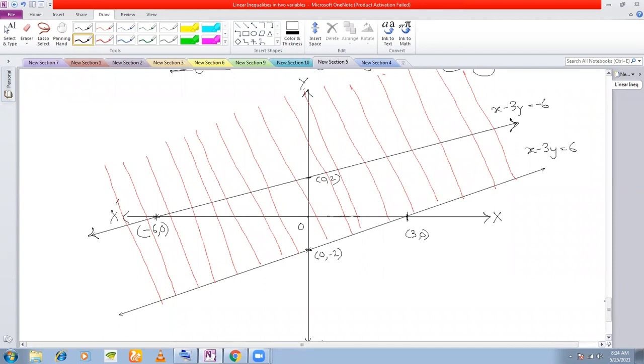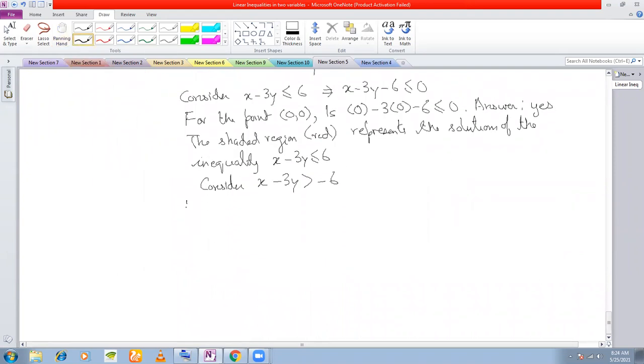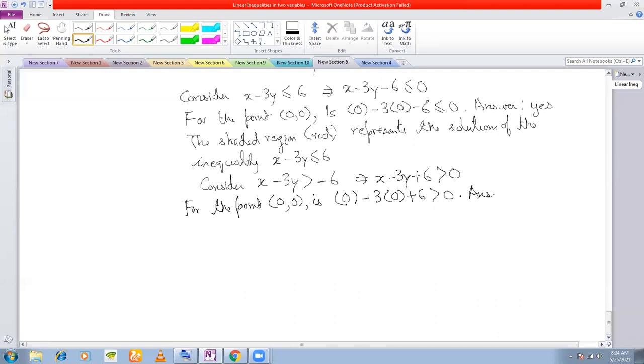Again consider the origin. So for the point 0, 0, let's write this as x minus 3y plus 6 greater than 0. Is 0 minus 3 into 0 plus 6 greater than 0? Answer is yes.